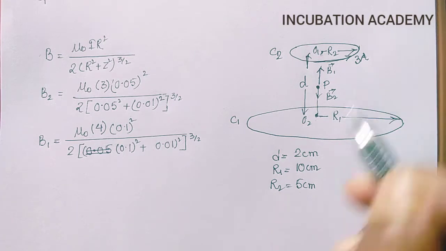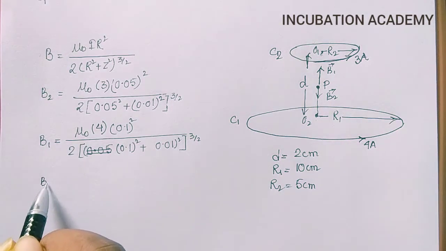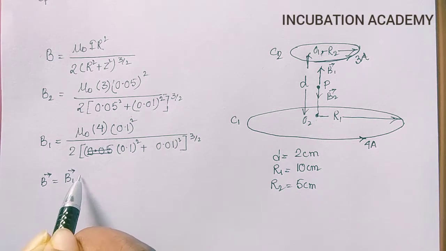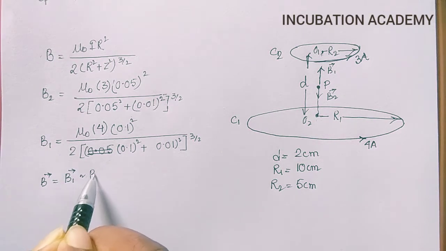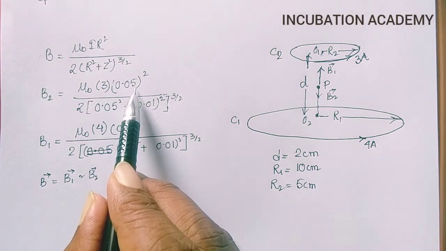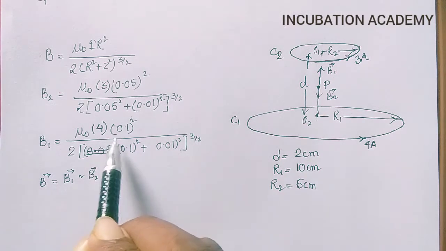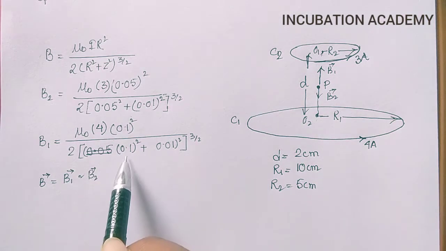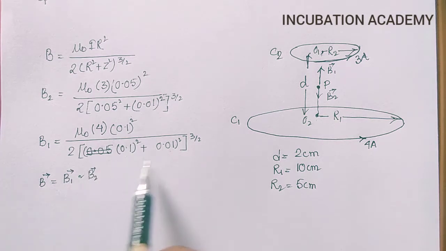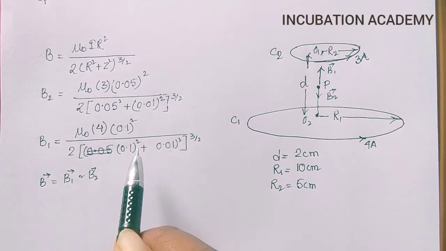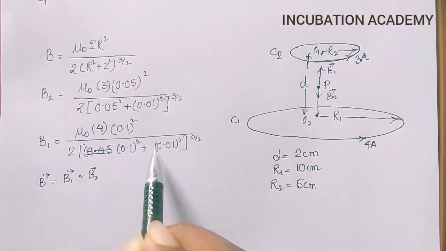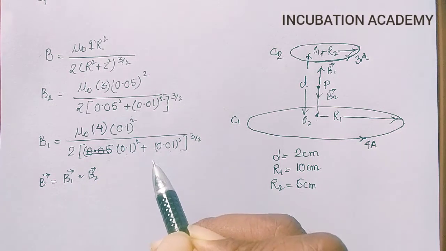So the resultant magnetic field is obviously the difference of these two, and now you have to find out which one is greater. Qualitatively, here we have 0.05 square, here 3, and here 4 into 0.1 square, with 0.01 here. So which one is greater? If I look at the denominator, that is 0.1 square into 0.01 square here, and here also the same thing, then which one is greater?